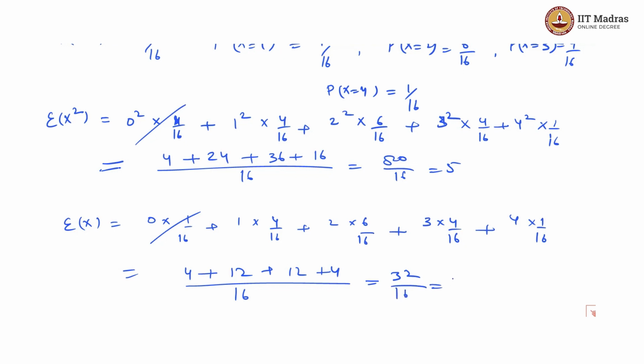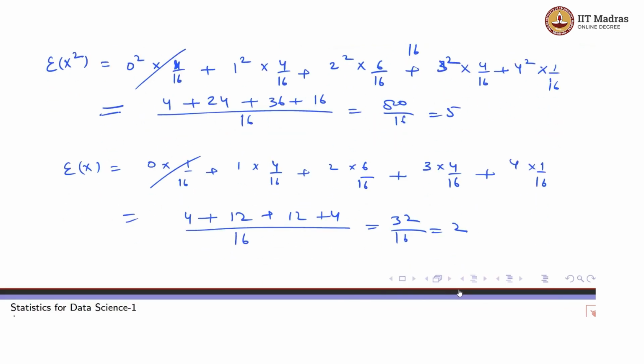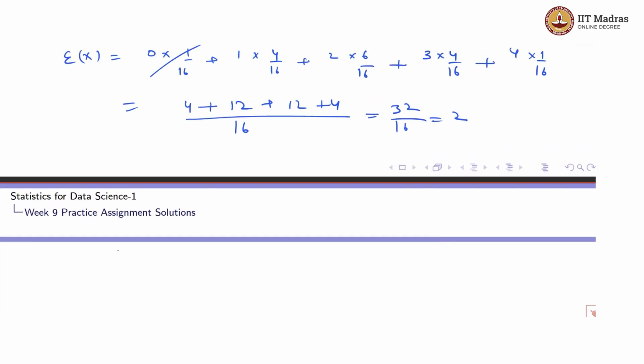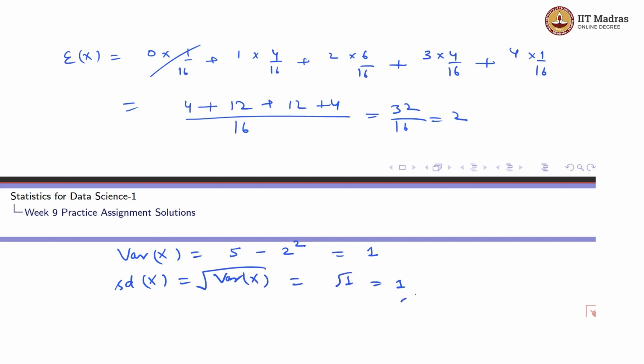This is nothing but 2. Now we can write variance as 5 minus square of E of x, which is 2. So 5 minus 2 square, that is 5 minus 4, is equal to 1. We have been asked the standard deviation of x, which is nothing but the square root of variance of x, and this is 1.